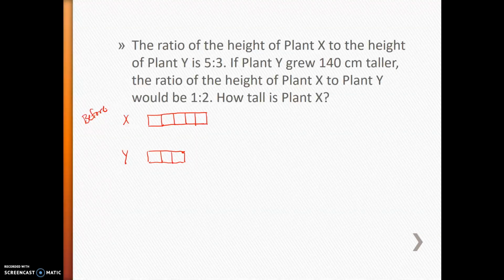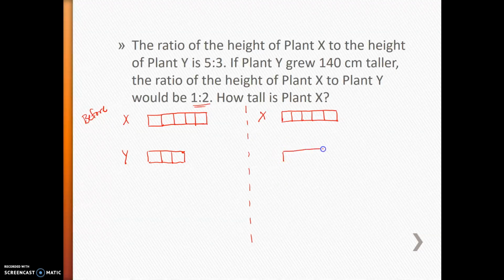So what's changing in this problem? Obviously, plant Y is going to grow, but it does not say that plant X grows. So we're going to assume it remains the same height. So plant X should still have 5 units in the after. However, it says that our ratio is 1 to 2. So I need to find an equivalent ratio that's equal to 1 to 2 for my after.